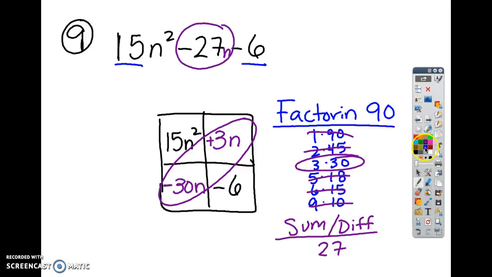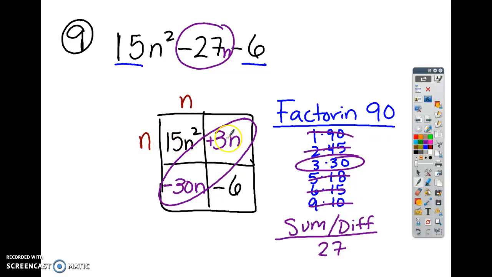So on here, for sure I know that I'm going to put n times n, because n times n gives you n squared, but I need two numbers that multiply and give you 15 as well. Both of these numbers need to be able to be divided by it.